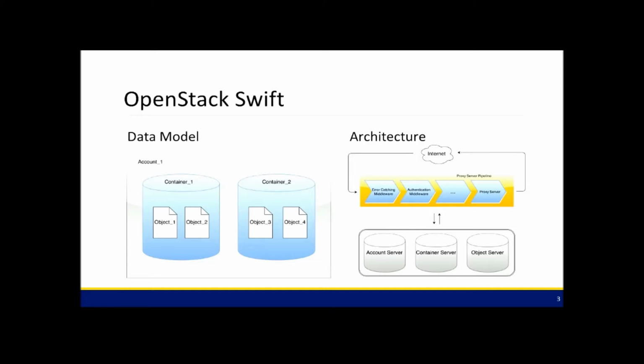Now, this pipeline is made up of many modules that we call middleware, and each middleware has its own unique function. When a request comes in, the first middleware takes the request, and in this case, it is the error catching middleware. It processes the request and then sends it to the next middleware to process. And when the last module processes it, the result is then returned to the user.